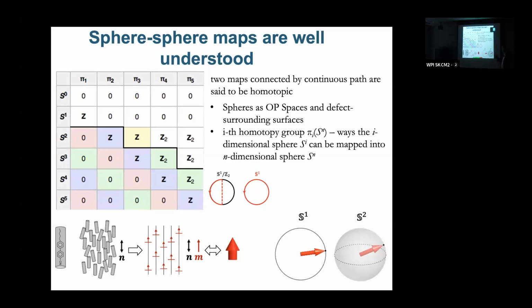And so therefore, this would now be the order parameter space, which we can characterize as S1 mod Z2, which means that all diametrically opposite points on that circle are identified with each other. And while this order parameter space seems to be different from a circle, it's like half of it.